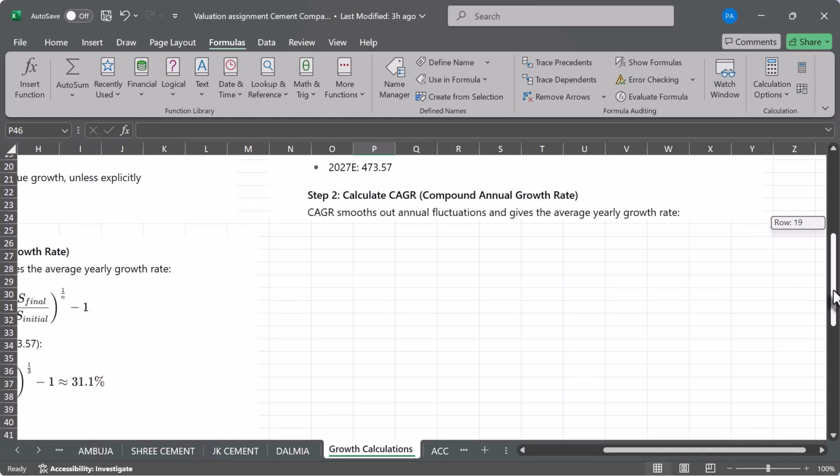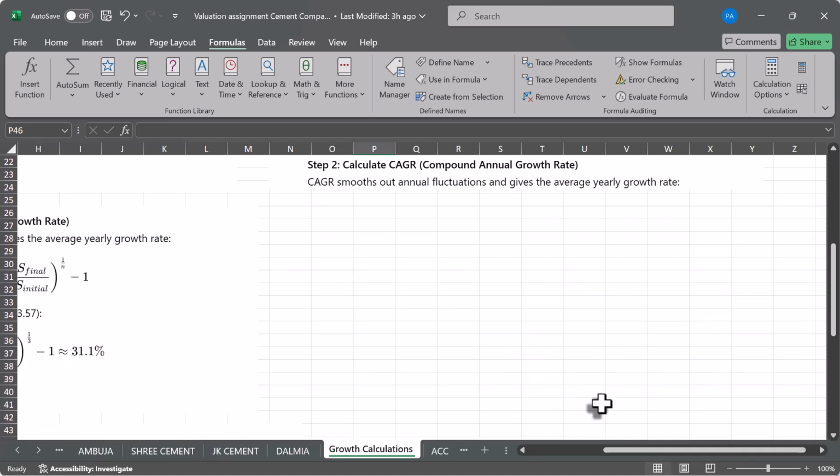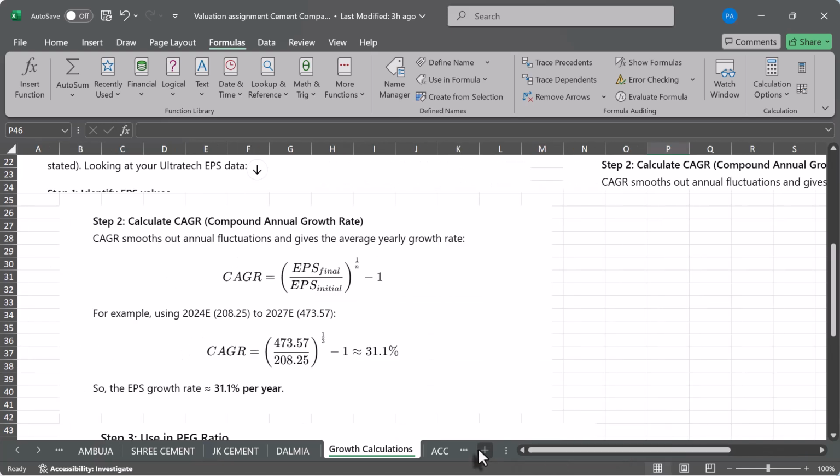CAGR smooths out annual fluctuations and gives the average yearly growth rate. This is the formula used by the analysts. They take the initial EPS, the final EPS upon the initial, and the number of years you have taken.